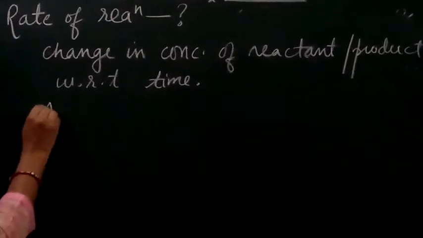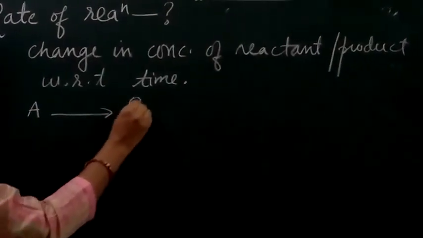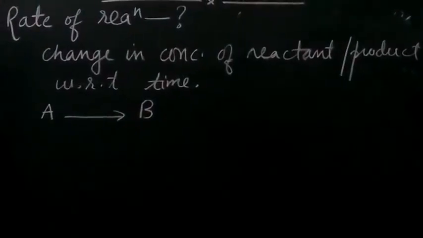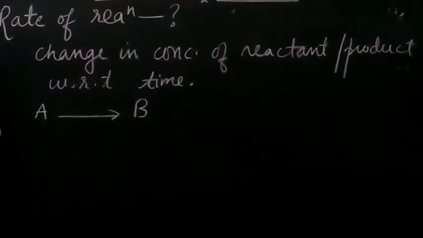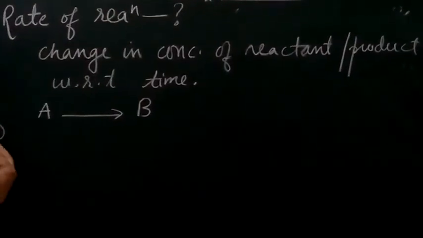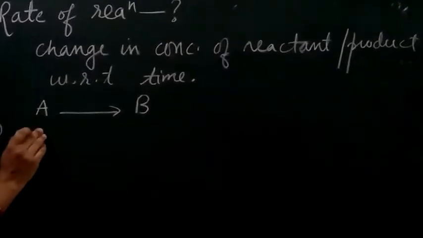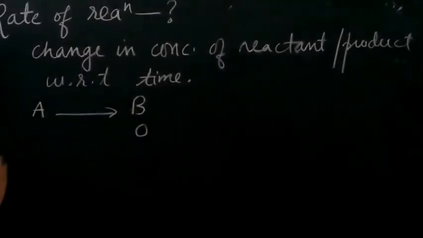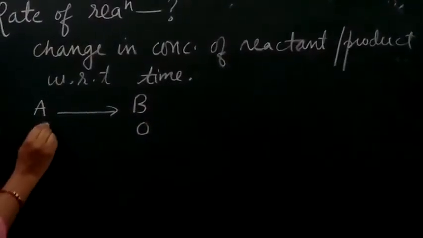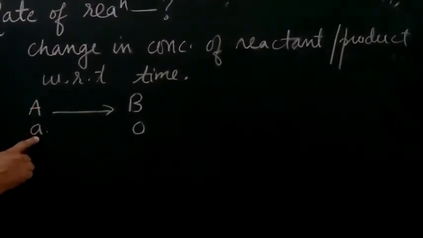Now let us take an example here. If we have A as a reactant, it is getting changed into product, right? Now when the time is taken to be 0, that means the reaction has not been started, right? So at that time the concentration of A will be high, but the product concentration is going to be 0. So here we will have the concentration of A to be small a, right?